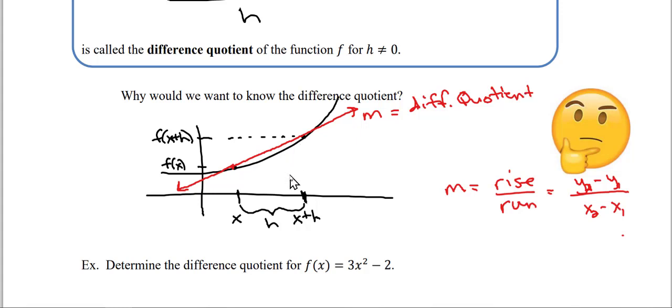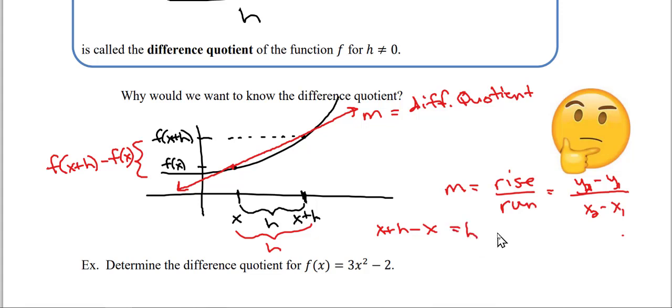Because if it is the change in y values, it is the difference between those, which is f of x plus h minus f of x, divided by the change in these values, which we know is h, or you could look at it as x plus h minus x. The change simplifies to h, the distance between them, which we set to be h.